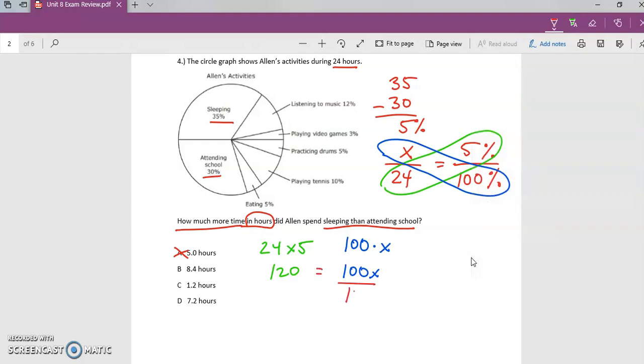I have to divide both sides by 100 so that these can cancel and I can have x by myself. 120 divided by 100 equals 1.2. So Alan spent 1.2 more hours sleeping than attending school each day. So my correct answer would be letter C.